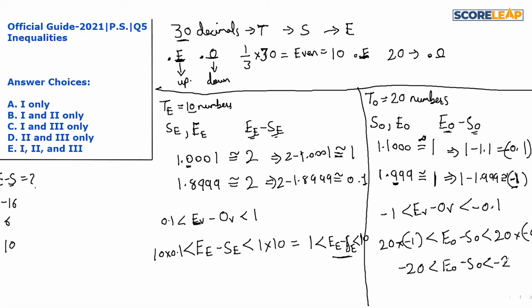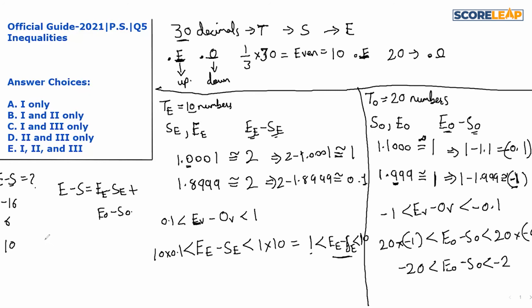Let us club both of these inequalities. E minus S is equal to EE minus SE plus EO minus SO, so the limits will be added. The lower limit of EE minus SE is 1 and the lower limit of EO minus SO is minus 20.